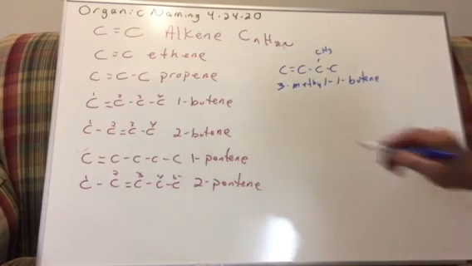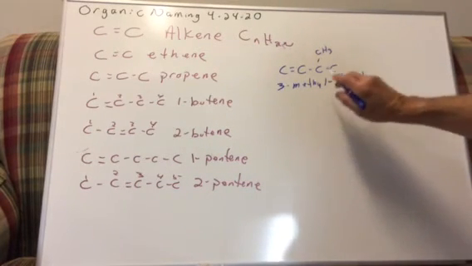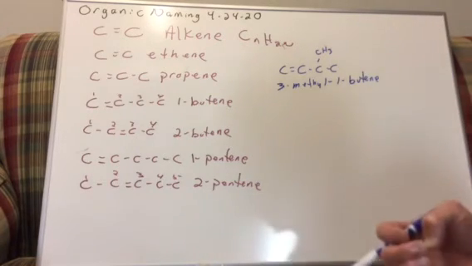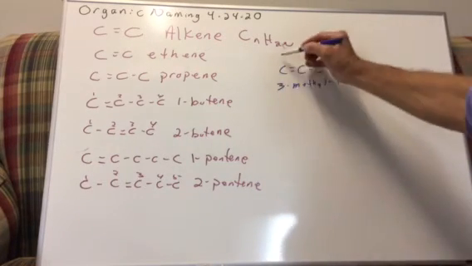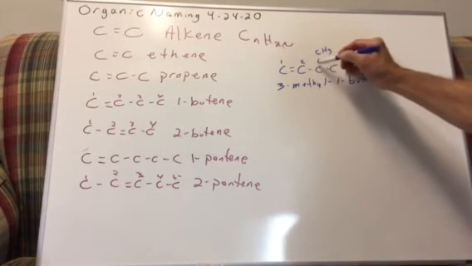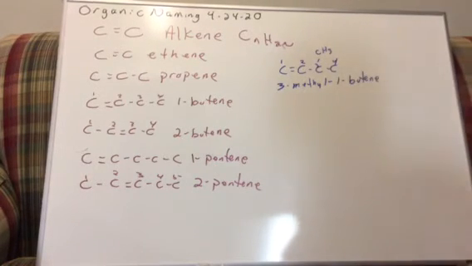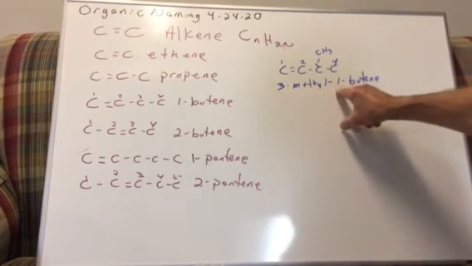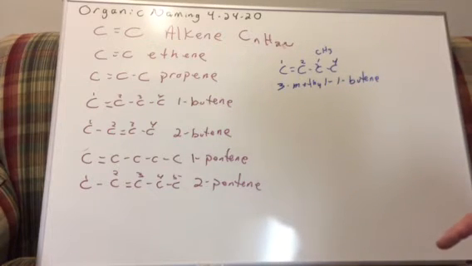The reason I have to call this 3, because double bond takes priority over an attached group. So I have to number this as the number 1 carbon, 2, 3, and 4. And we can see that methyl group is attached to the 3rd carbon. So it would be 3 methyl 1 butene.